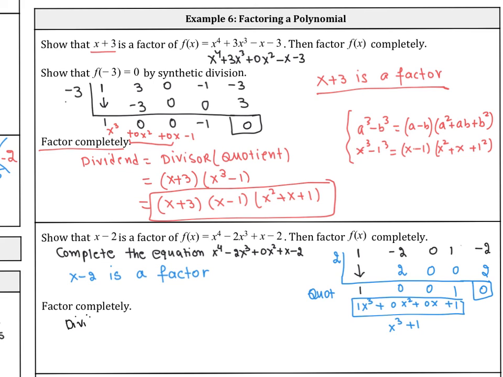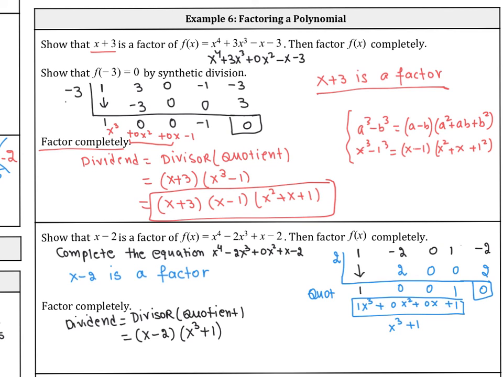dividend equals divisor times quotient. So the divisor is x minus 2, the quotient is x cubed plus 1. And here I am going to apply the formula for a cubed plus b cubed.